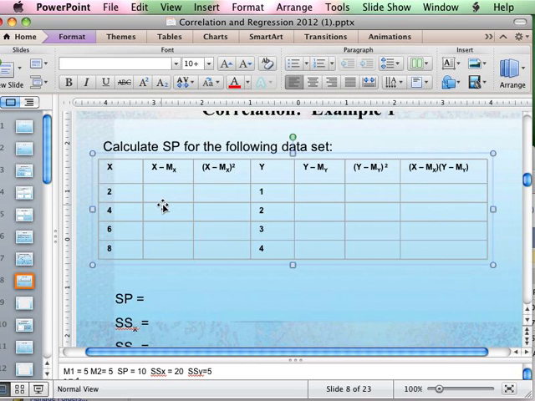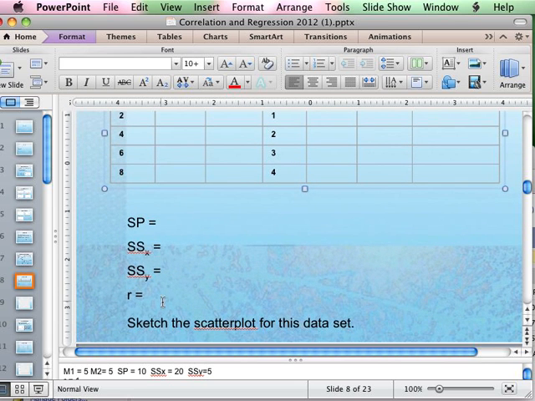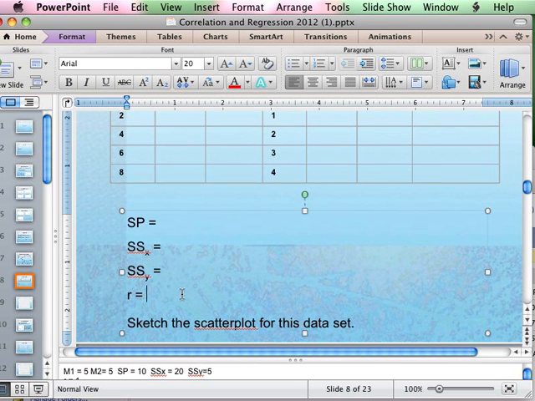Now, when I look at my overall equation then, my R is going to be my 10. Well, we came up with 10 for this, right? We came up with 20 for this, and we came up with 5 for this, correct?